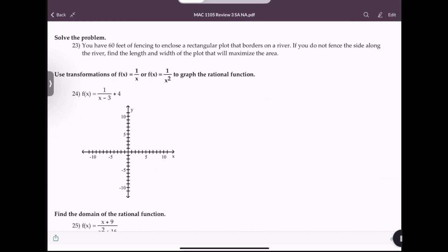That means my fencing equation, the 60, I've got to plug into the area equation. So I've got to take the 60 equals whatever and isolate one of the variables, so I can plug it into the area equation.